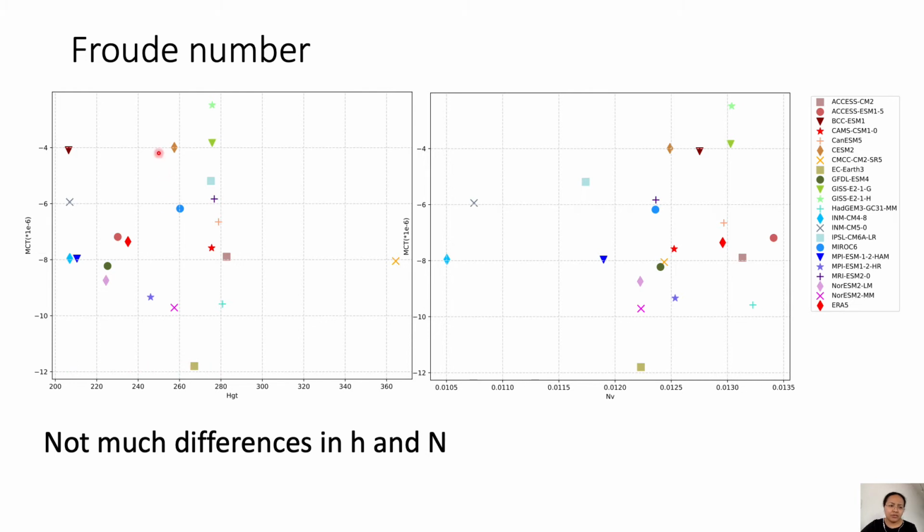But one thing that we notice here is that the BCC model is one of the models that have low topography, whereas the GISS models have high topography compared to other models. And in the Brunt-Väisälä frequency, there aren't really many discrepancies in the models. And by the way, the red diamond is for the ERA5.